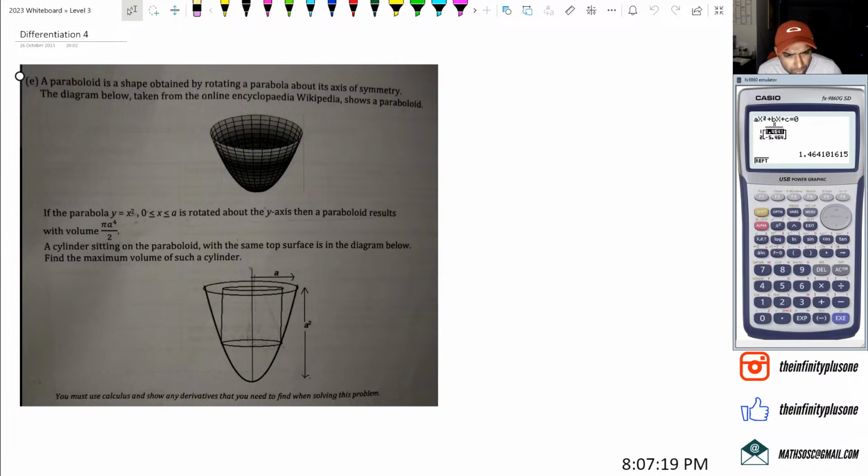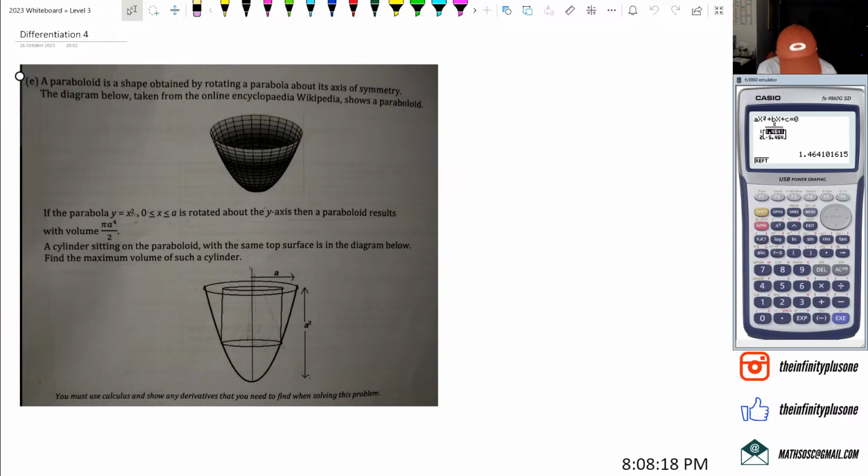I don't understand what's the point of actually giving the paraboloid, the same top surface as in the diagram below. All right, look, let's try and go through this question.